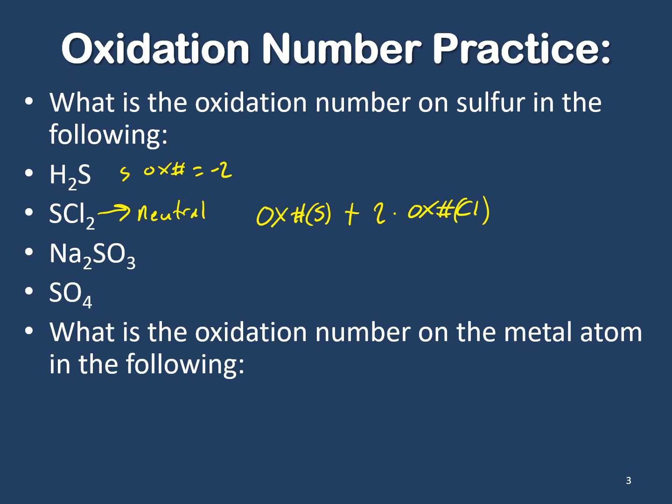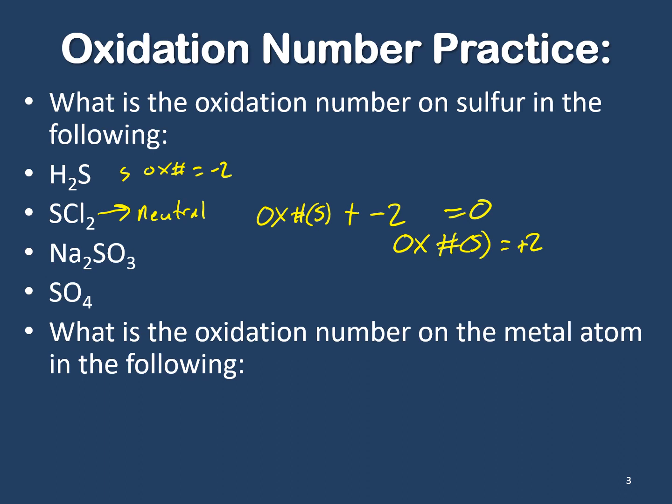Halogens, unless attached to oxygen or fluorine, are pretty much always going to have an oxidation number of -1. So I can put 2 times -1, and these have to add up to 0 because it's a neutral substance. So my oxidation number of sulfur is really just going to be plus 2, so in this case, my oxidation number of sulfur is equal to +2.